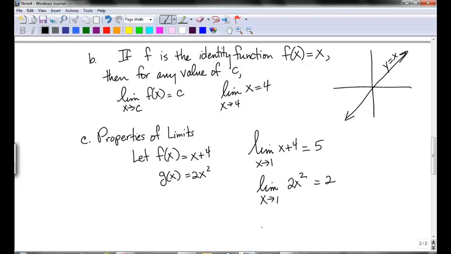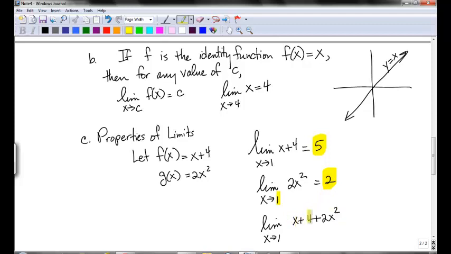Now let's figure out the limit of x plus 4 plus 2x squared as x approaches 1. Look at the one up above. The limit of x plus 4 as x approaches 1 is 5. The limit of 2x squared as x approaches 1 is 2.